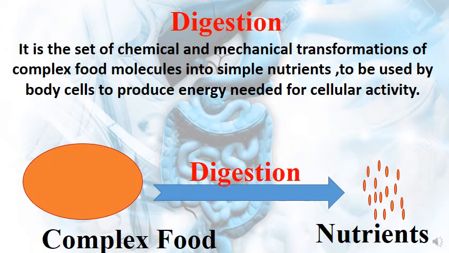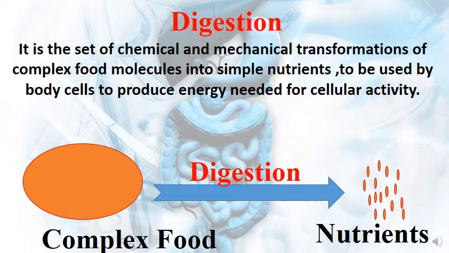What is digestion? Digestion is the set of both chemical and mechanical transformations. Mechanical is cutting the food into smaller pieces, while chemical is the action of the enzymes in the juices, and we are going to talk about the enzymes.